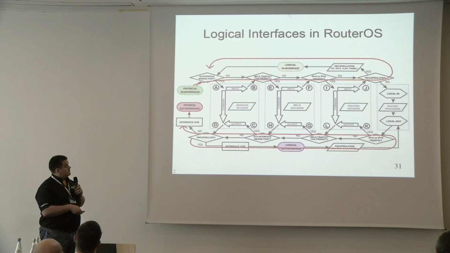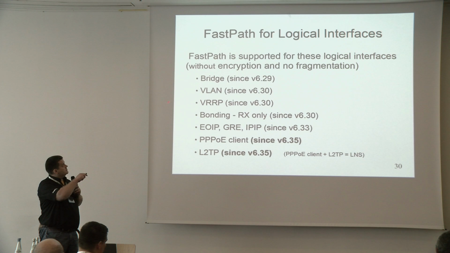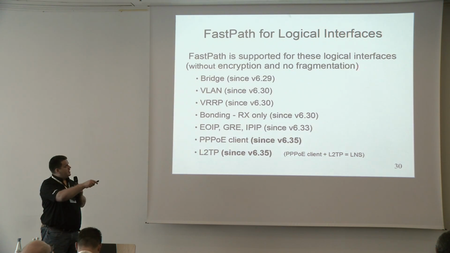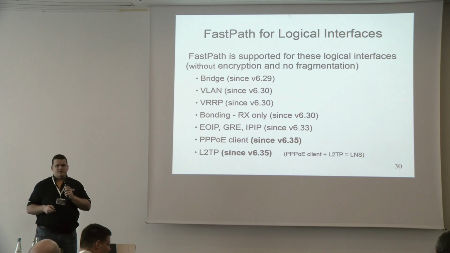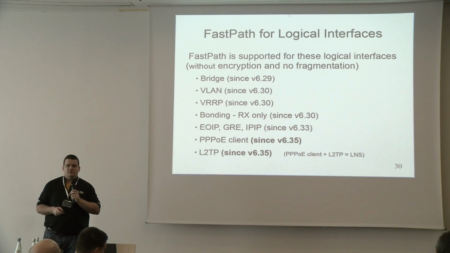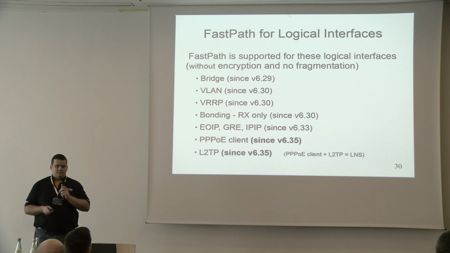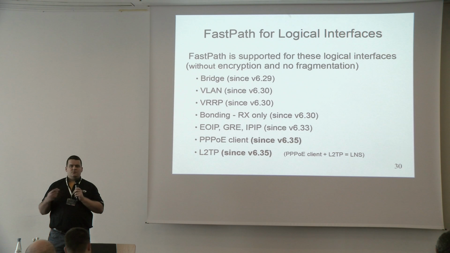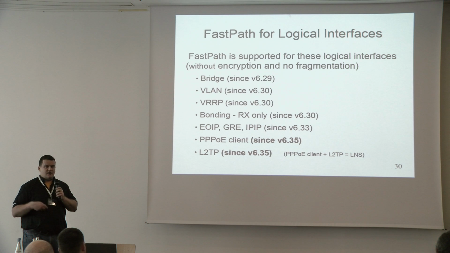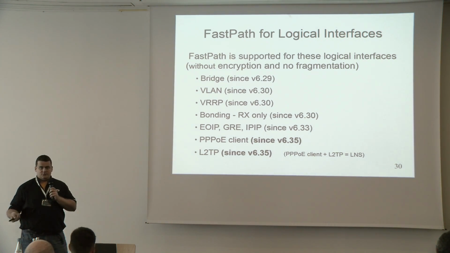One very important thing: this FastPath thing doesn't apply to encrypted traffic and fragmented traffic. FastPath doesn't go together with fragments, and FastPath doesn't go together with encryption. So if you need to decrypt the traffic, it will go the slow path anyway, and if fragments arrive and need to be assembled, it needs to drop down to the slow pathway also.